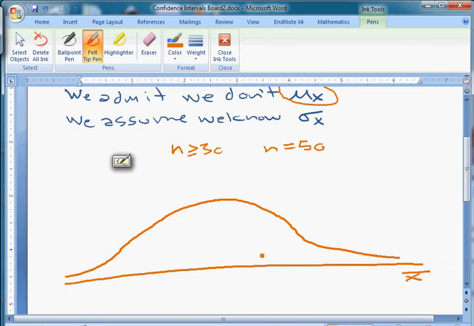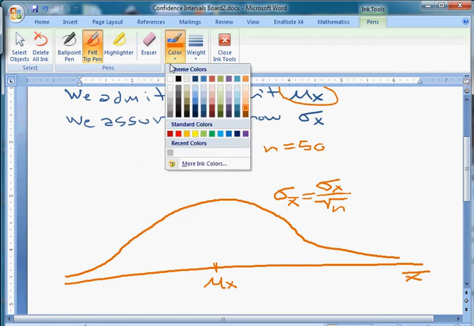We have x bar. It's like we're drawing from a distribution with this shape. The mean is at mu sub x. The standard deviation of the sampling distribution is equal to sigma x over the square root of n. It's normally distributed. That's the mean. That's the standard deviation. This is a concept or an abstract idea, though. We can't really see this.